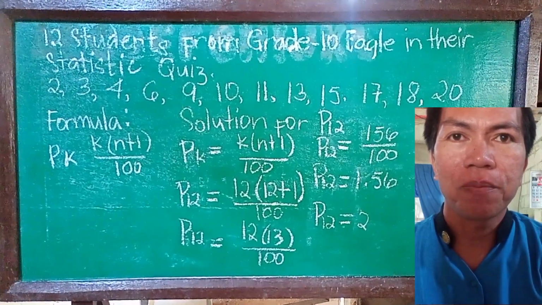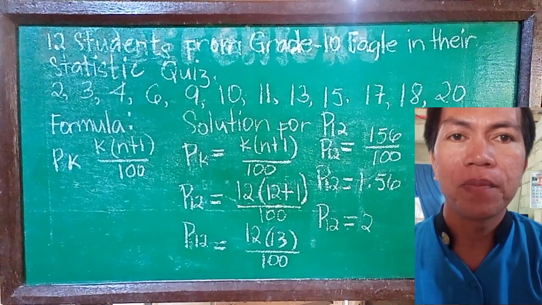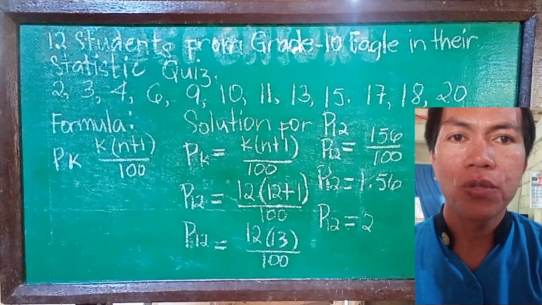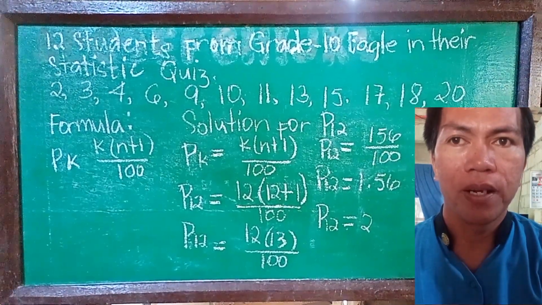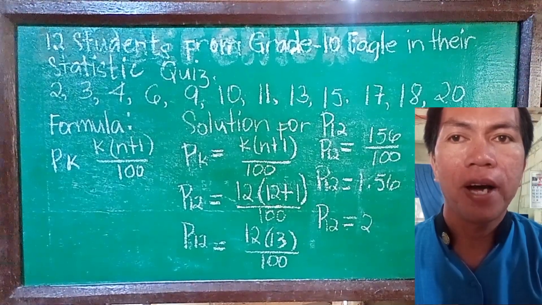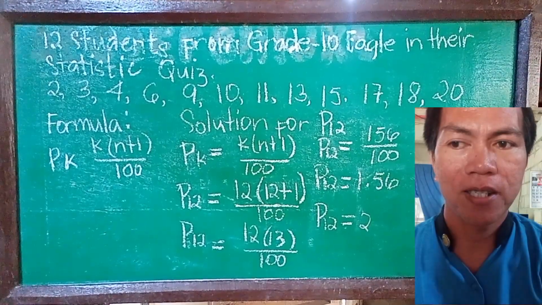To look the position of percentile 12, we use the formula Pk equals k times the quantity of n plus 1 all over 100. We use 100 because the percentile divides the distribution into 100 equal parts.